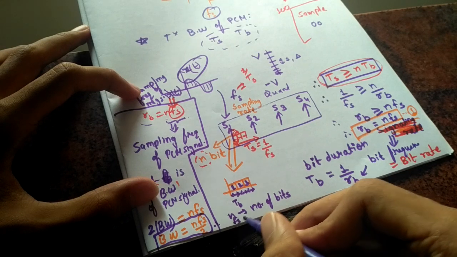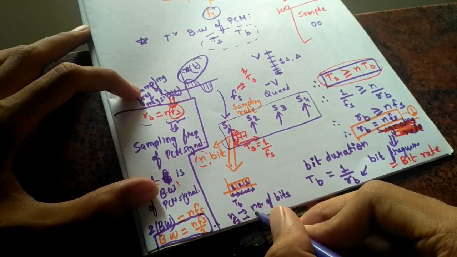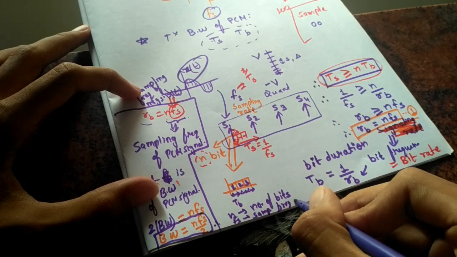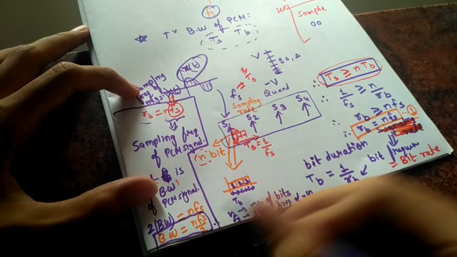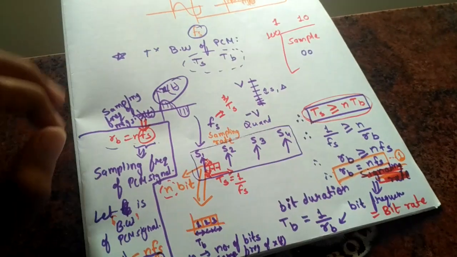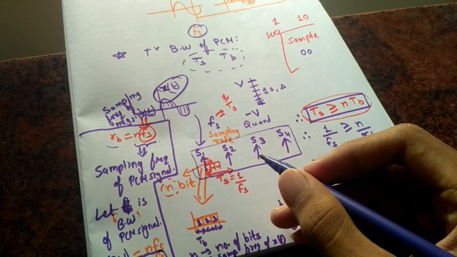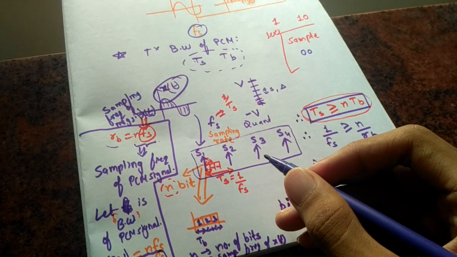Fs is the sampling frequency of the message signal, the sampling frequency of x(t). And BW is the bandwidth of the PCM signal. I hope it is clear, right? Let me know in the comment section if there is any sort of confusion.